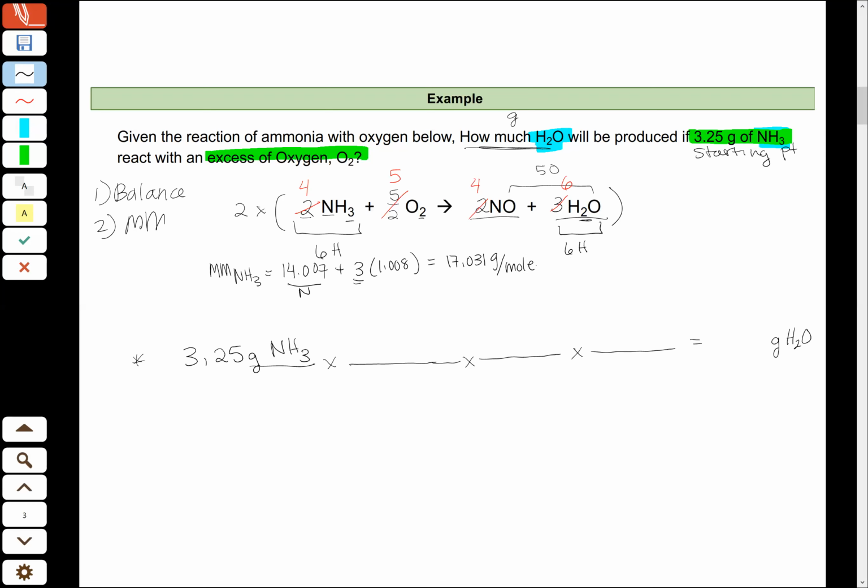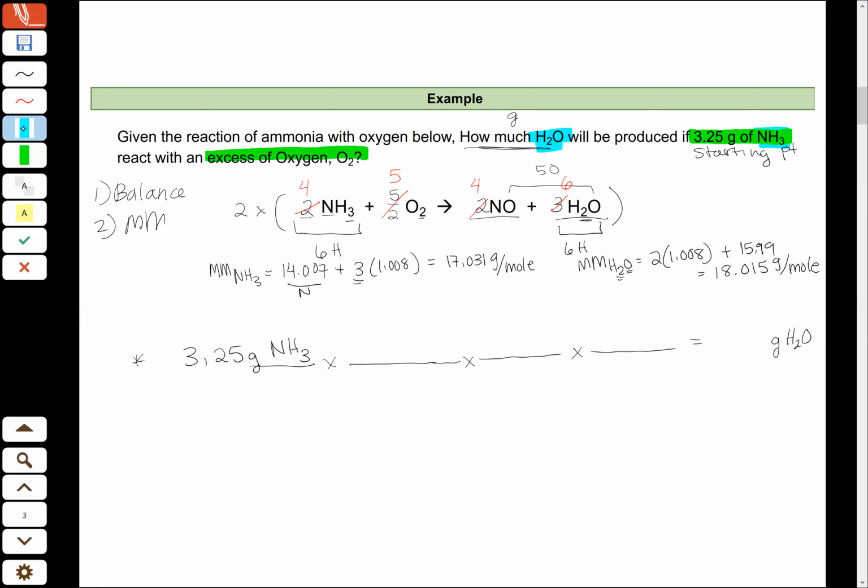Now, for the molar mass of water, I'm going to do the same thing. I've got 2 hydrogens this time, so 2 times 1.008, plus I have 1 oxygen, 15.99. That's going to be a total of 18.015 grams per mole.